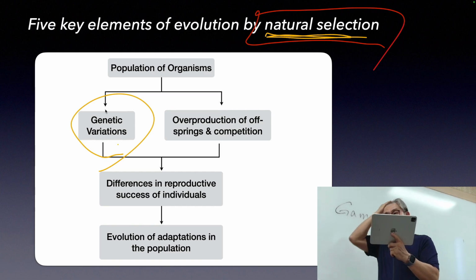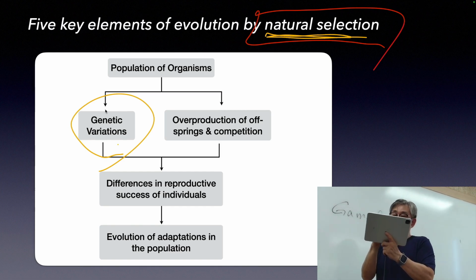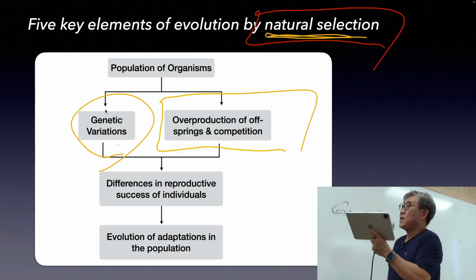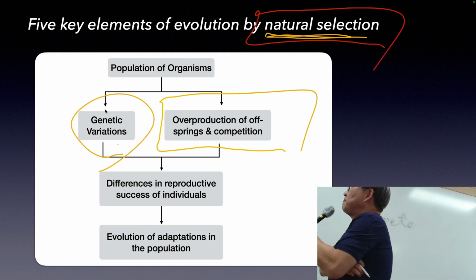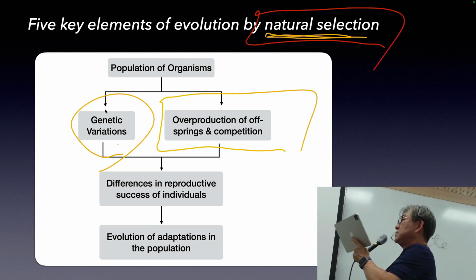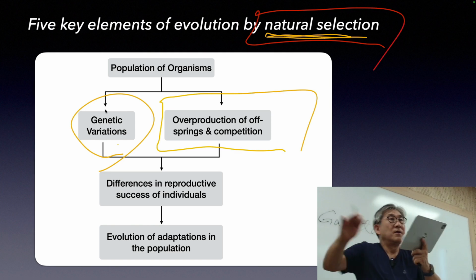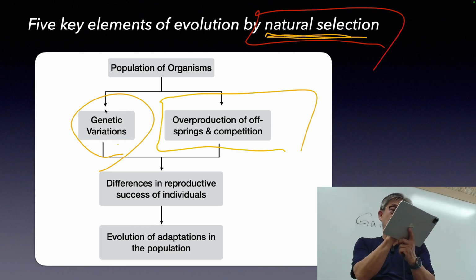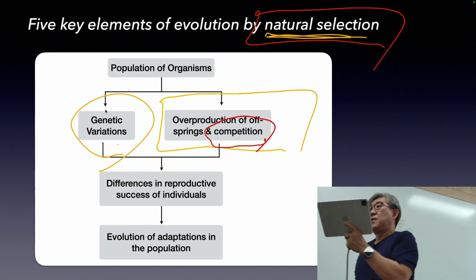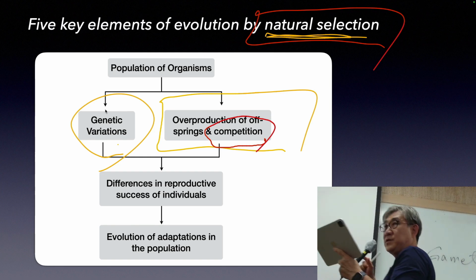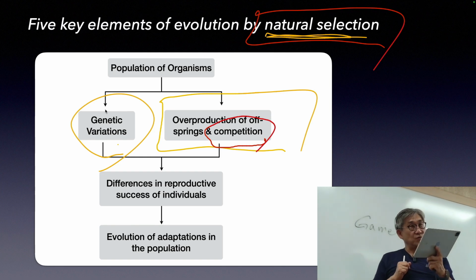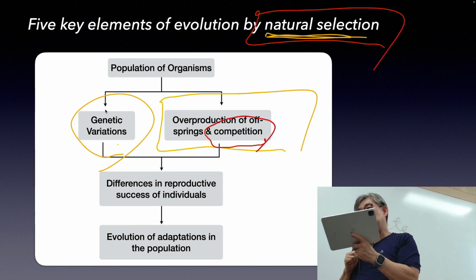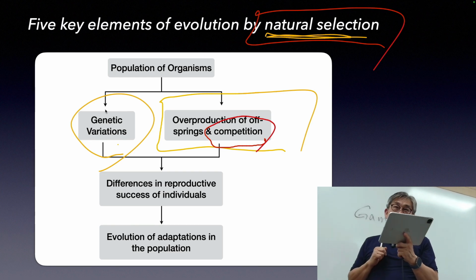But an equally important parameter is the overproduction of offspring. Why? So as to create this particular condition which we call competition. Without competition, everybody will be selected.